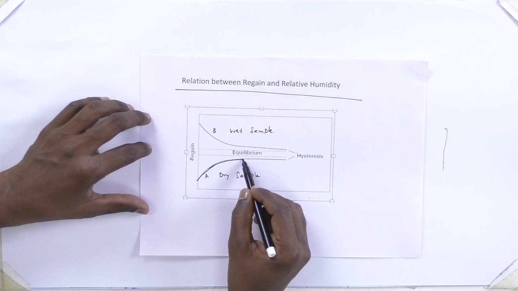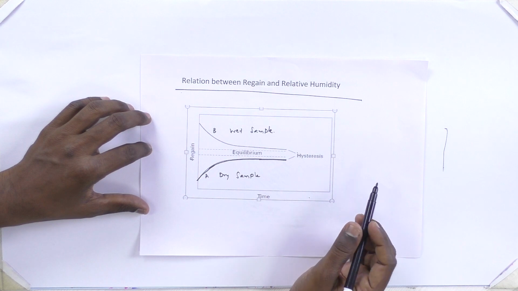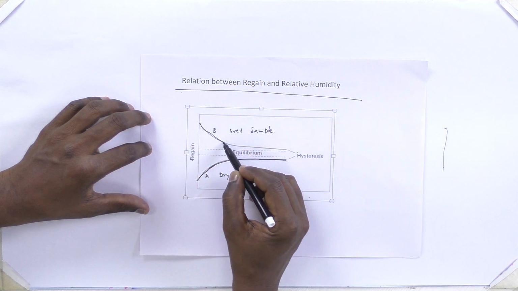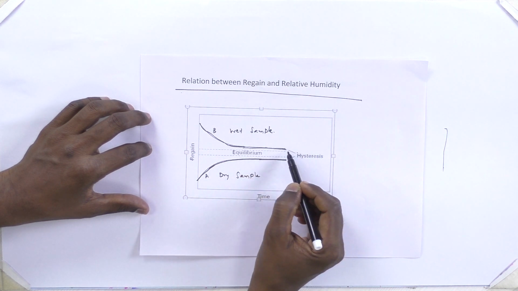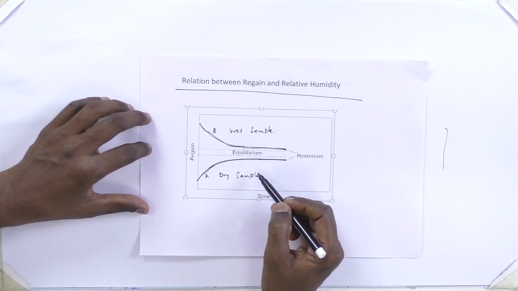The dry sample absorbs moisture from the atmosphere and reaches its equilibrium. The wet sample loses its moisture. It also attains the equilibrium condition.